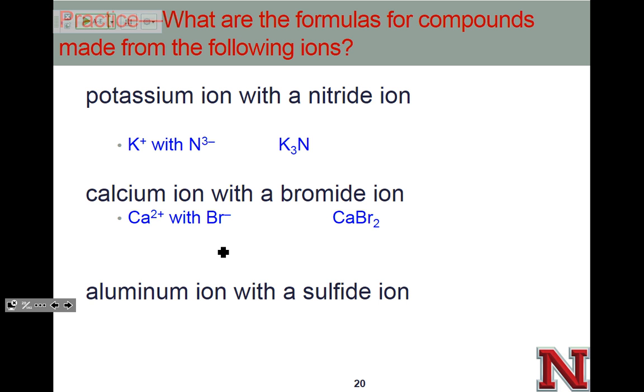Now our aluminum ion and our sulfide ion, we have our Al3+. Oh, we just went through that one, so that's a repeat. You can use the cross method, or you can rationalize how many aluminums you need to balance out how many sulfurs. So we need 2 aluminums for 3 sulfur atoms for them to balance. And you can always double check to make sure that your total charge equals 0.